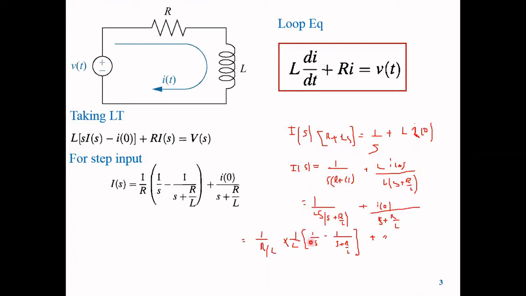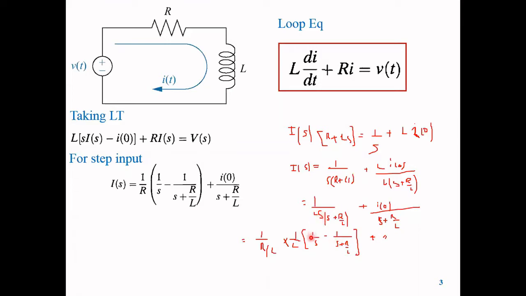So from here, we cannot find the inverse Laplace. We have to separate this. We can separate this by using partial fractions or by using our knowledge. Partial fraction is the best way, but here we have separated it like this.